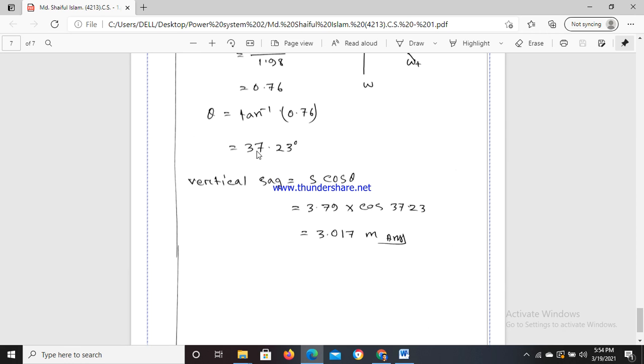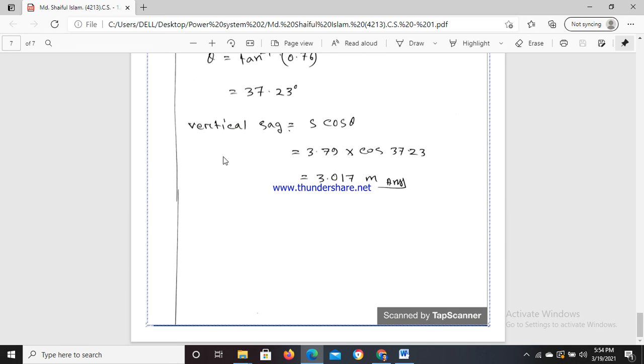This calculation gives 37.23 degree. Vertical sag equal to S cos theta. S equal to 3.79 cos theta, theta equal to 37.23. This is the calculation: 3.017 meter.